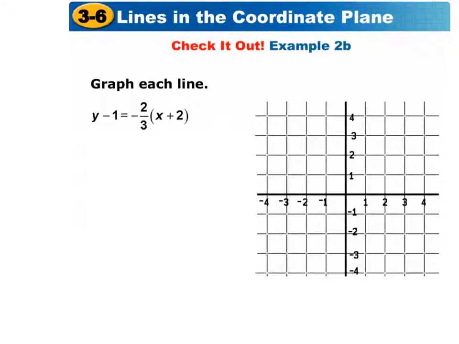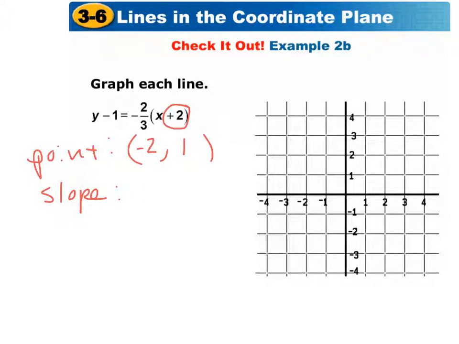Graph each line. So this is point slope form. So we have a point and we have our slope. What's our point here? Positive 1, -2. No, backwards. So it would be (-2, 1). Remember, this is our x and we flip the sign.